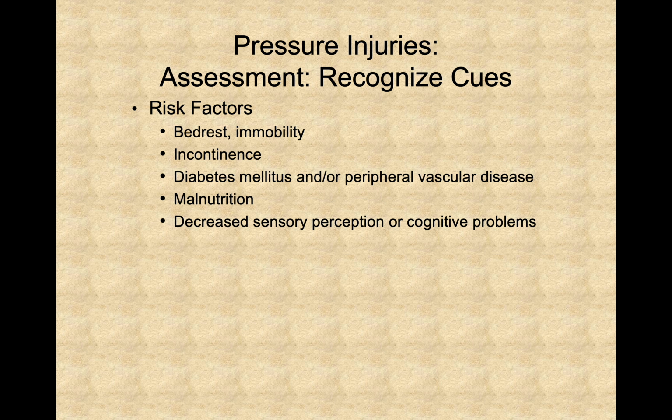Nutrition is important for lots of things. Skin integrity, especially if a patient has poor nutrition, it's just overall going to affect their skin integrity as well as other things. And when we think about the patient who maybe has cognitive problems or sensory perception issues, that could be peripheral neuropathy, but they're not able to feel the need to change positions or move.